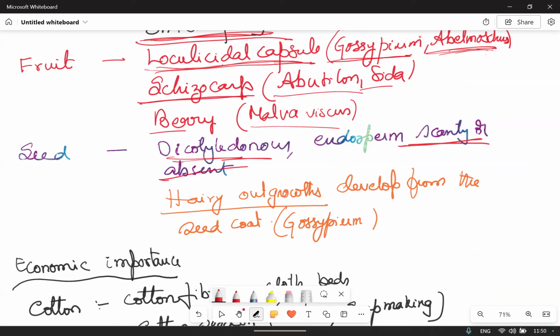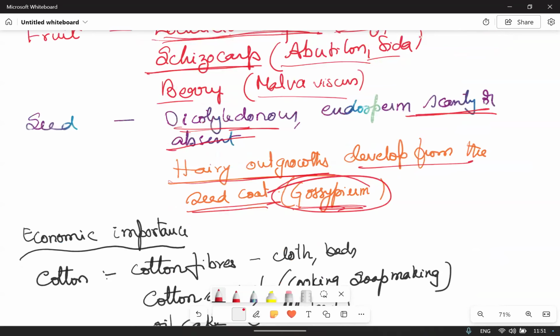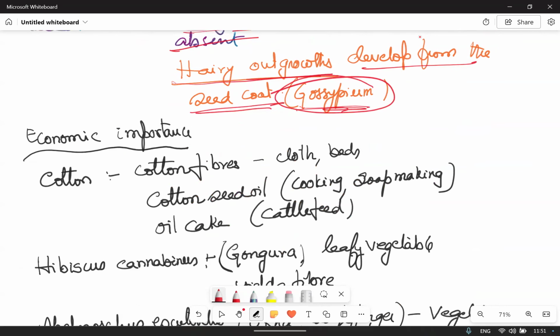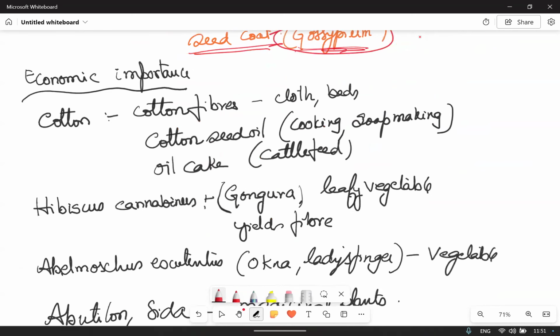And very important, the Gossypium seed. Where do we get cotton fibers? From Gossypium seed only. These hairy outgrowths develop from the seed coat of cotton. So many important points are covered in this Malvaceae. All these points you have to remember.